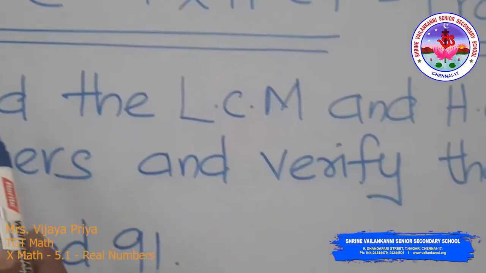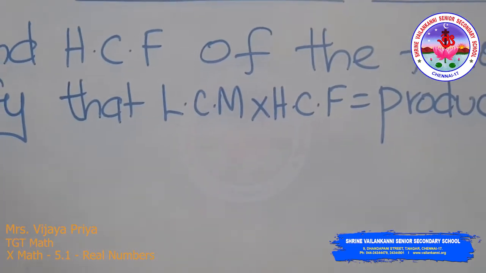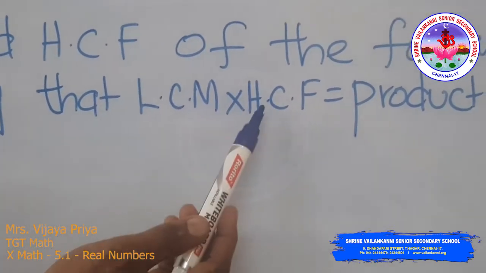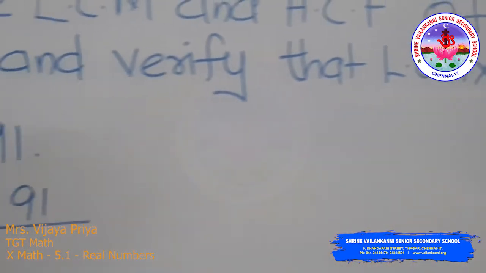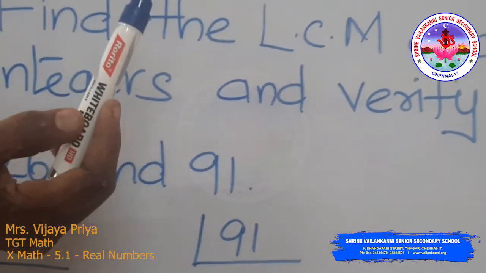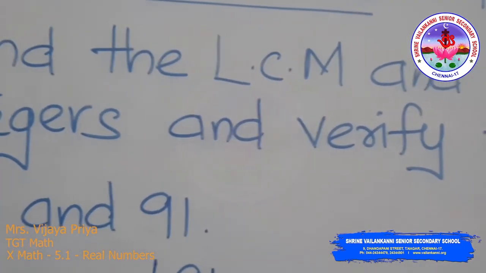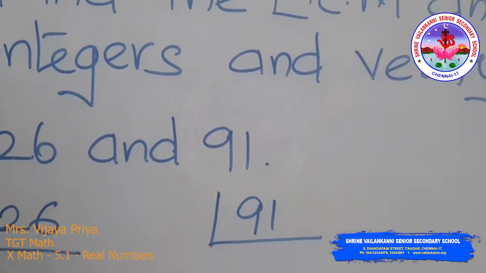Here he is asking to find the LCM and HCF of the following numbers and verify that LCM into HCF is equal to the product of the two numbers. As you learned previously, the same process I am going to do now here.